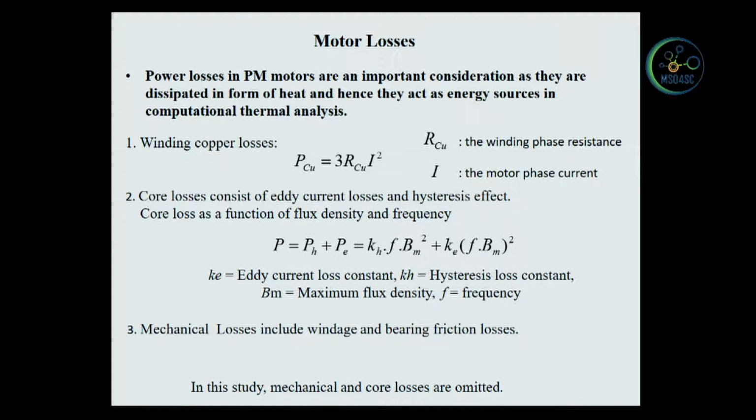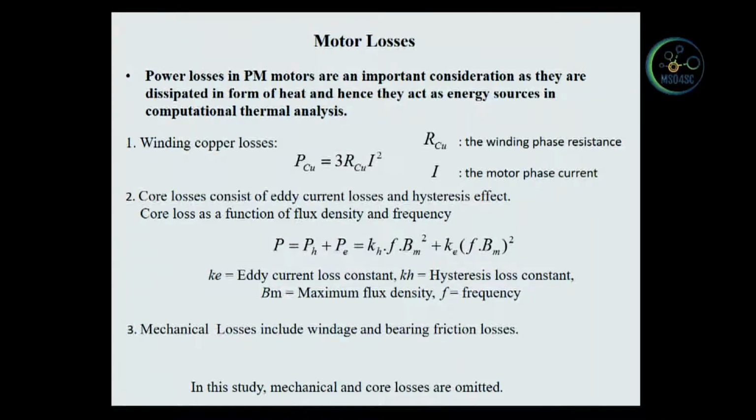Now, when we talk about the thermal model, we need to talk about motor losses. Power losses in the PM motor are an important consideration, as they are dissipated in the form of heat, hence they act as an energy source in our computational thermal analysis. And we have some losses.